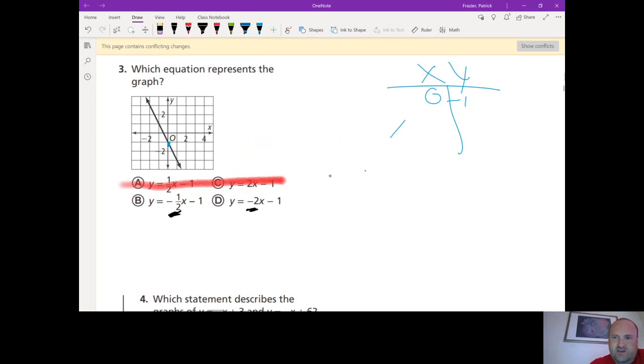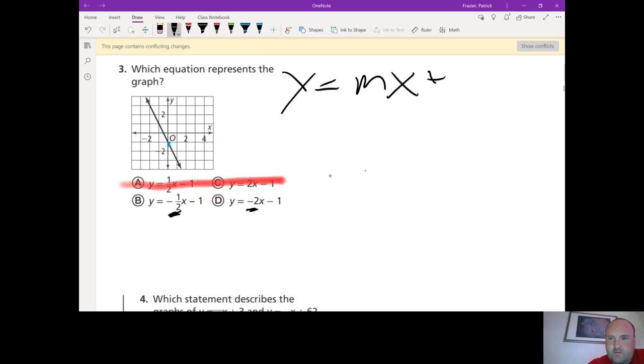That's y equals mx plus b, and b is -1, the y-intercept.